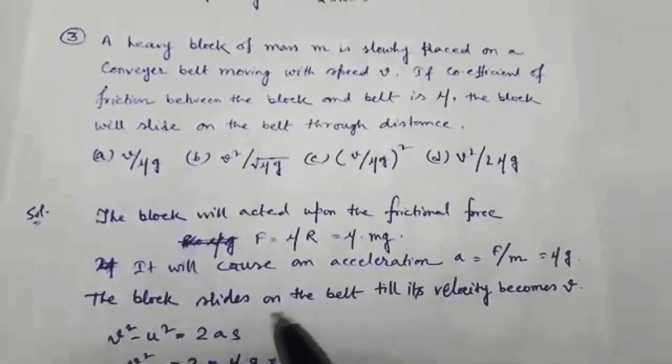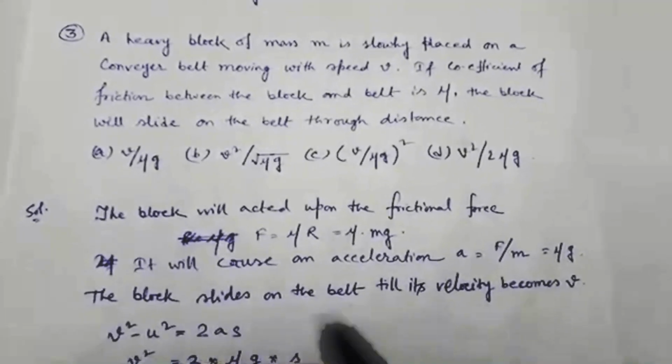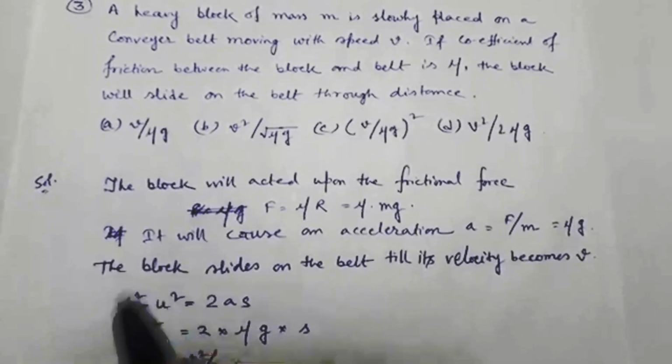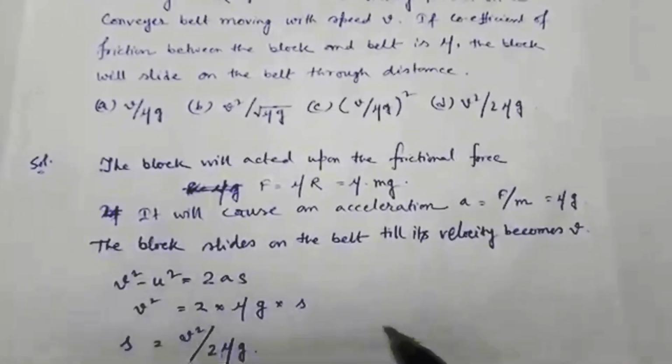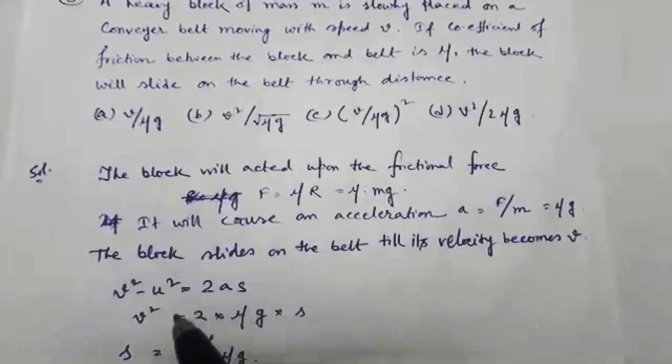The block slides on the belt till its velocity becomes small v. So v square minus u square equals 2as. We have to find the value of s, the displacement. What is the distance covered?